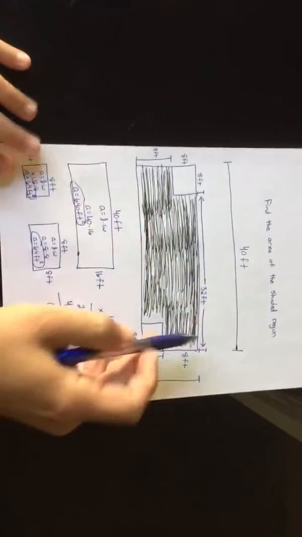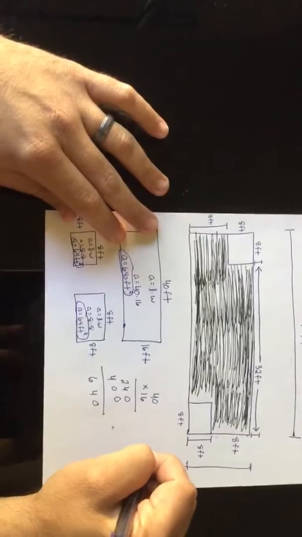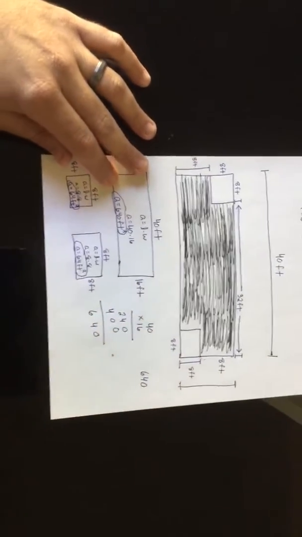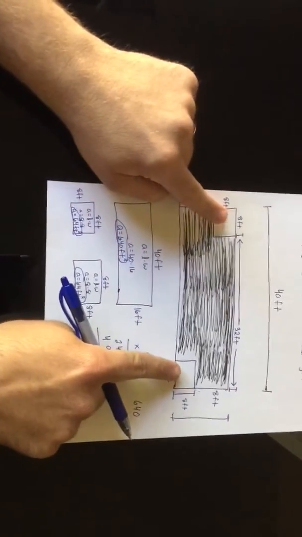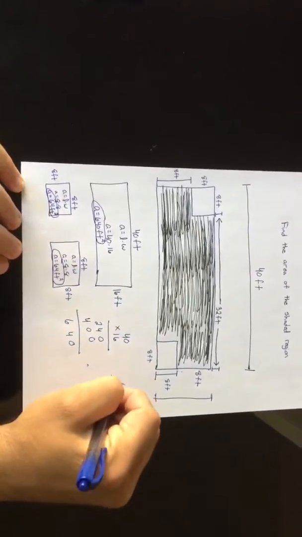Now, if you remember on the first two examples, we added everything. Well, this one is just asking for the area of the shaded region. That means we take the area of the big rectangle, because that's all shaded, so the 640, and I have to subtract it from the unshaded, which are the two small squares.